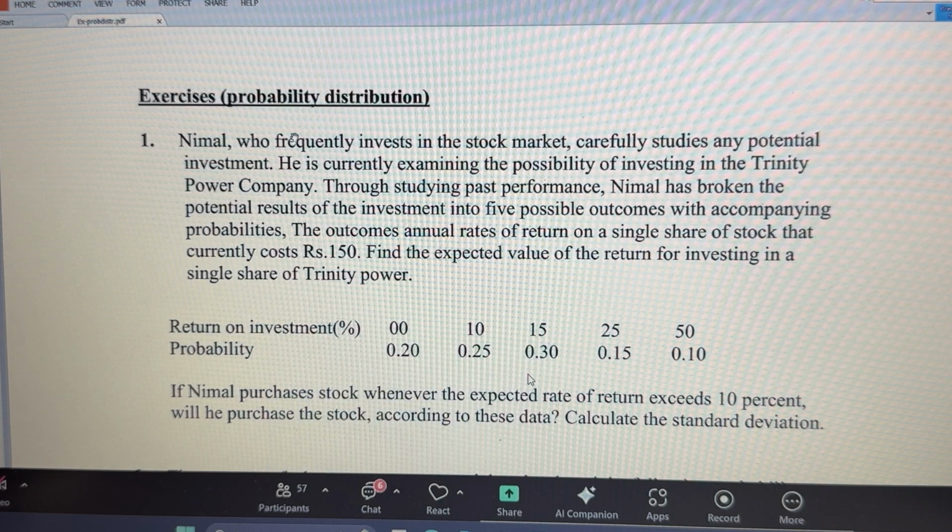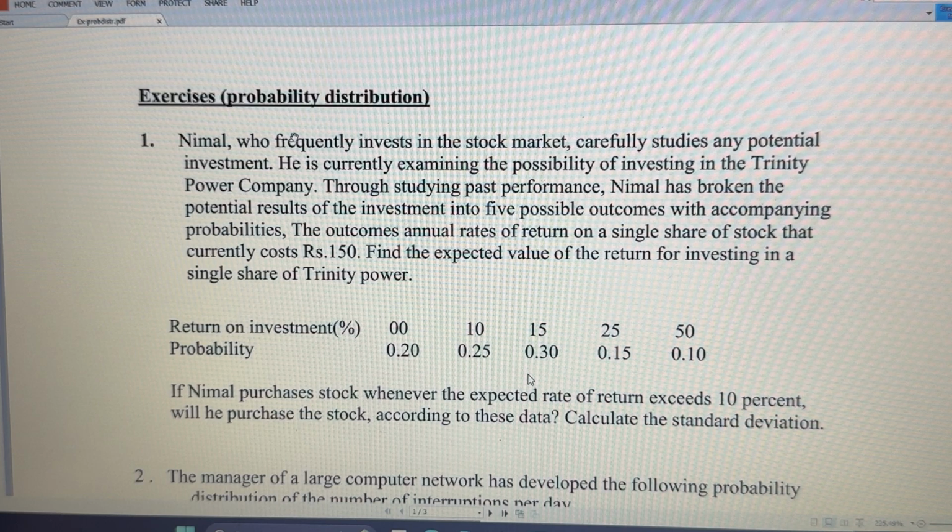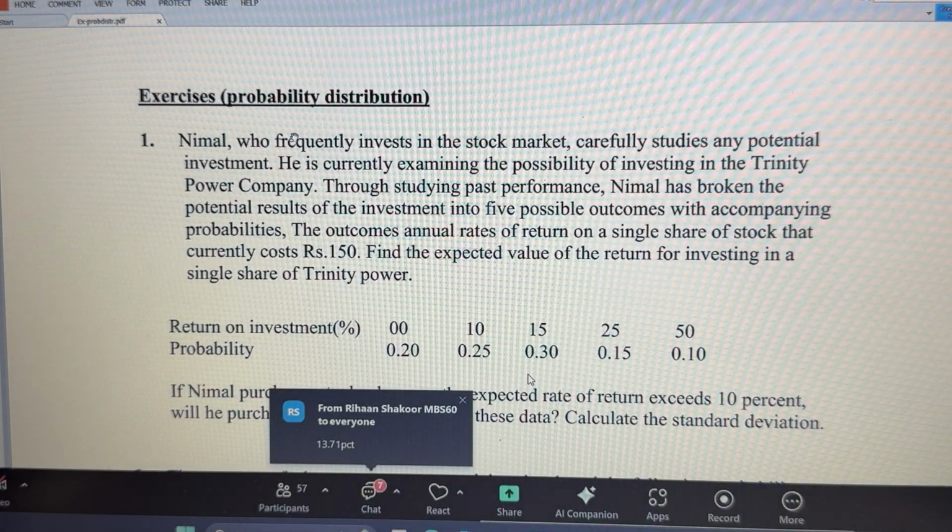Amasha, what is the answer of S1? Expected value.